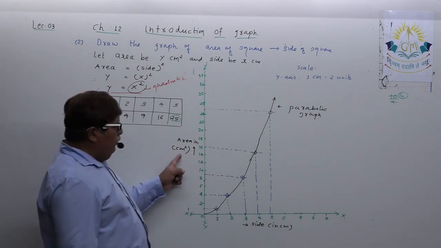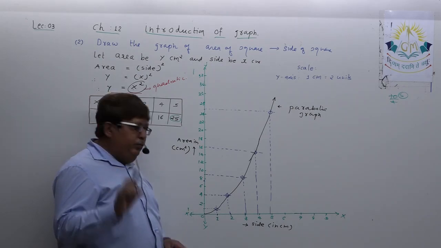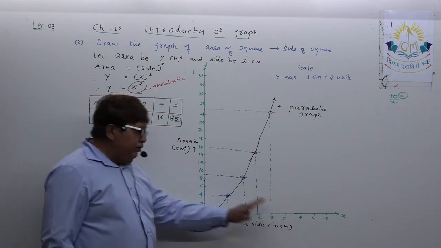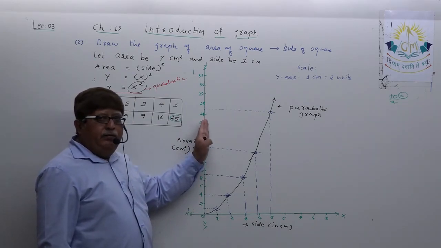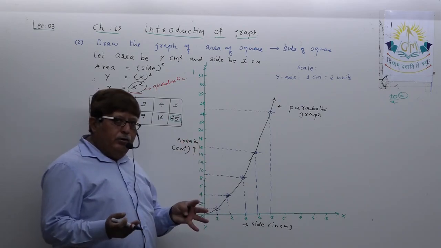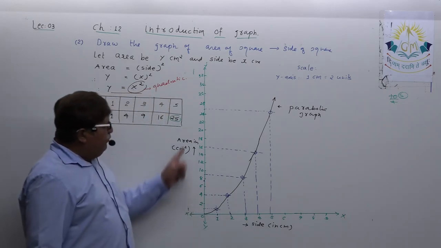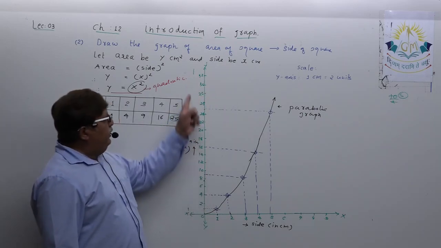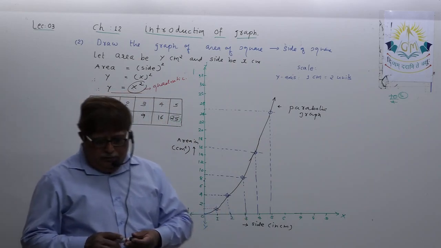This also should not go beyond the green section of your graph paper. This needs to be mentioned aligning with the x-axis, and this aligning with the y-axis, but none of the letters has to go beyond the green section of the graph paper. That's why I told you to leave one box and start from the next, so that in this gap you can write this.